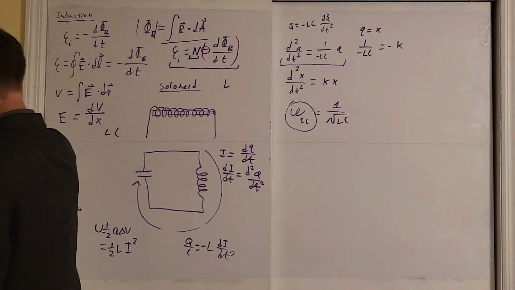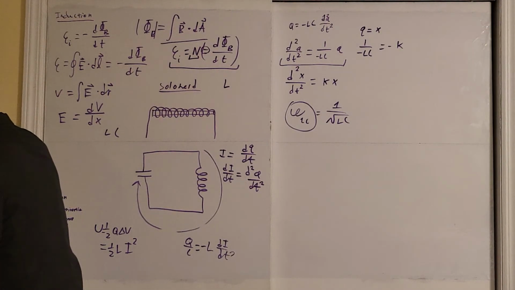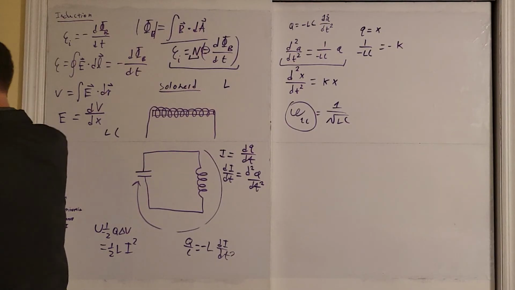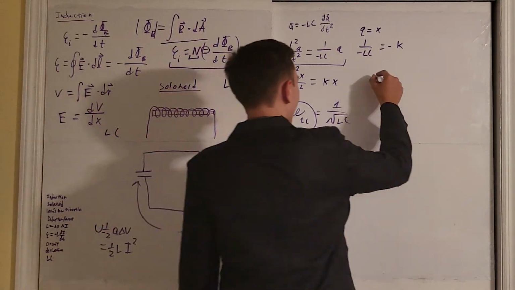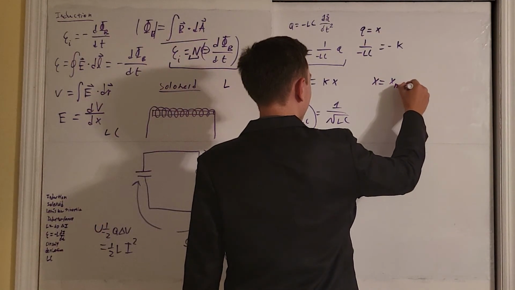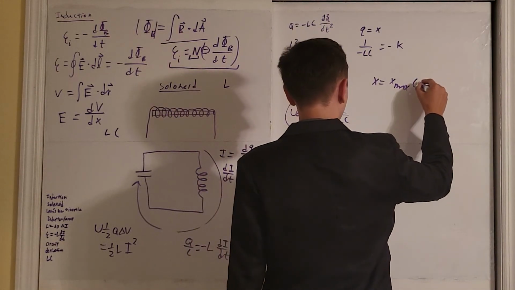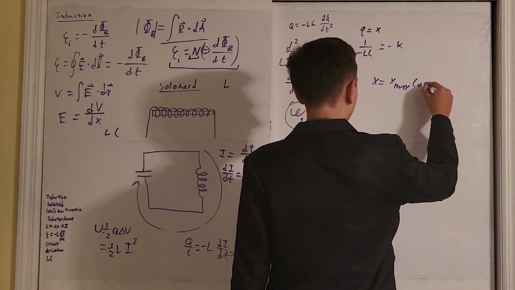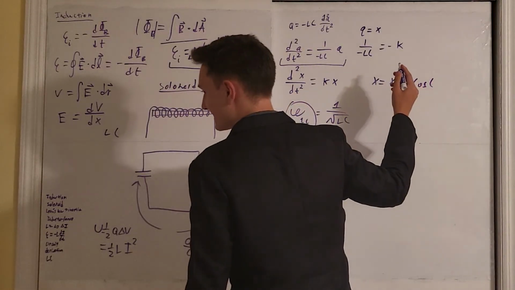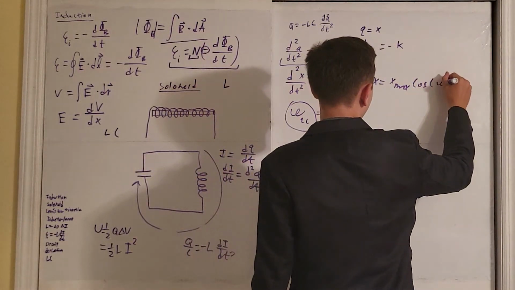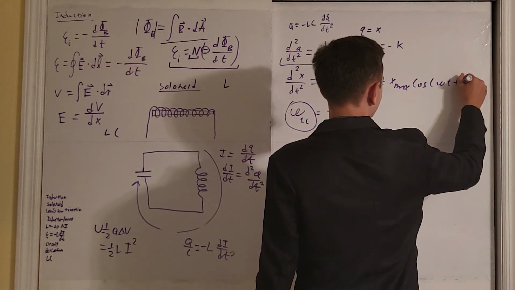Equations like, why can't I find it? It's here somewhere. Here it is. X equals x max times the cosine of omega t plus phi.